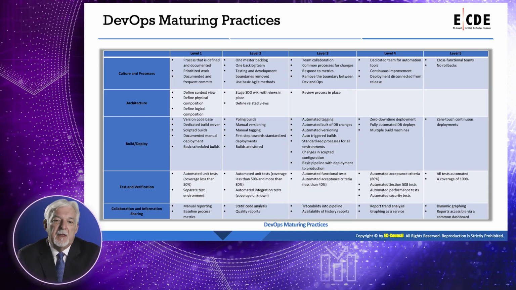For architecture, on level 1, you define the context view or the physical composition or logical composition of systems. Level 2, you get the defined related views, such as staging, SDD, wiki with views in place. A level 3 example is reviewing processes that are in place for that improvement of what you're doing.